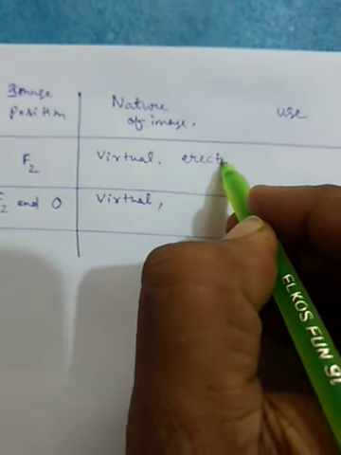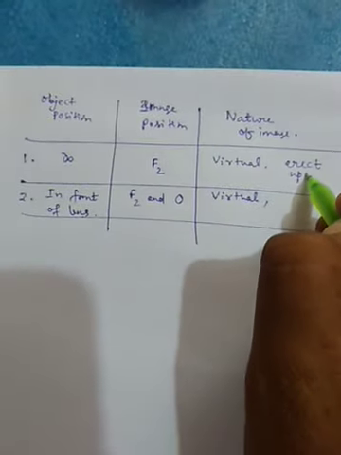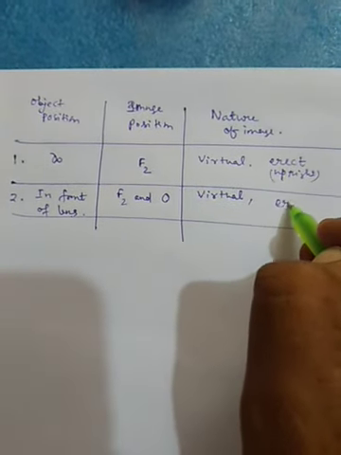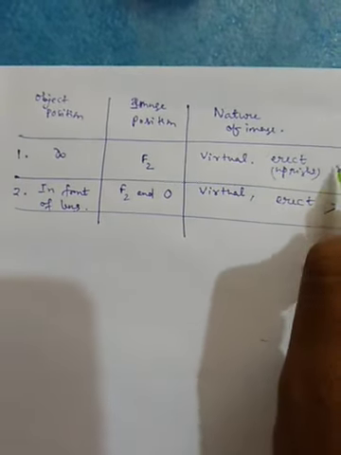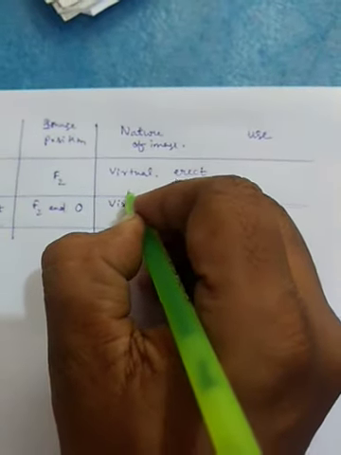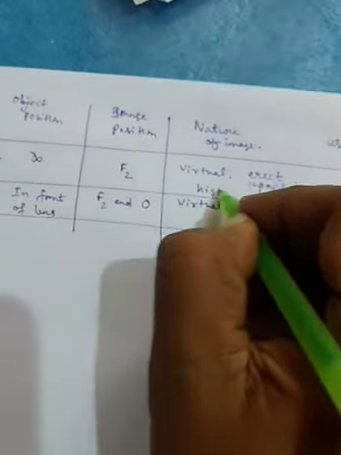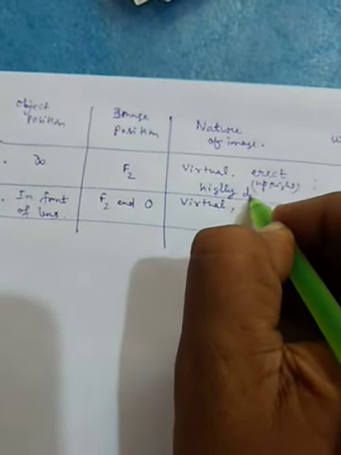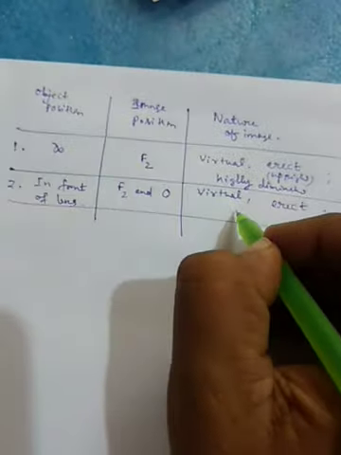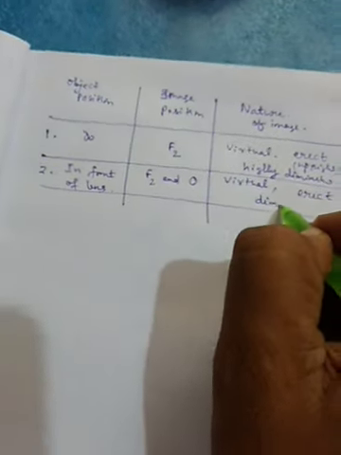Erect means upright, straight. Here also the image is erect, and the size of the image is highly diminished. Here it is diminished.